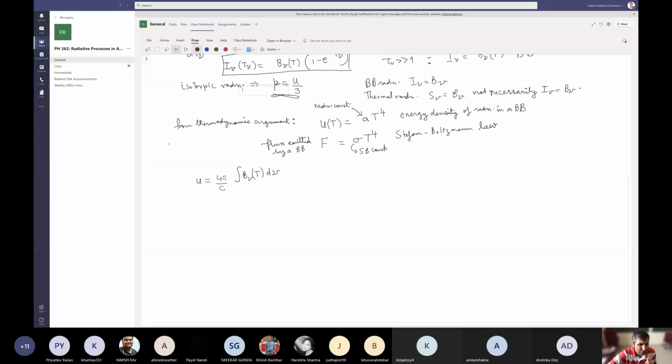If you recall, U was nothing but 1 by c integral I nu d nu, and we had also defined something called a mean intensity, which is 1 by 4 pi integral I nu d omega. So this was called mean intensity.